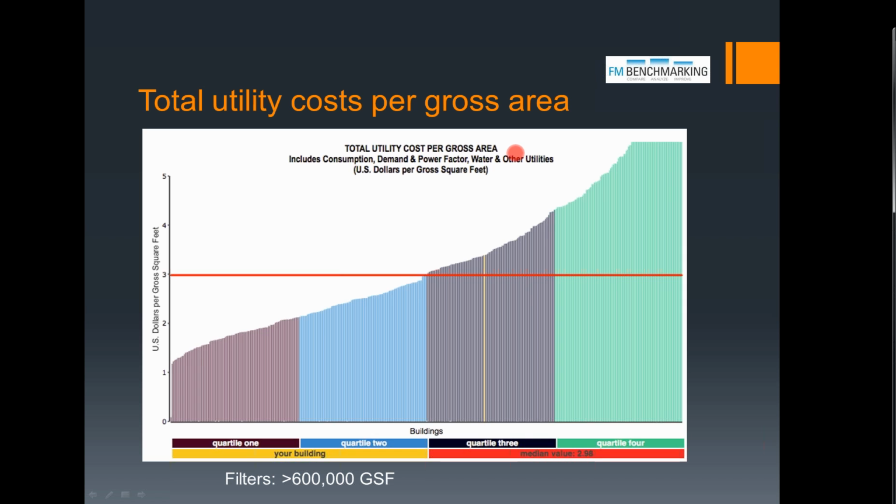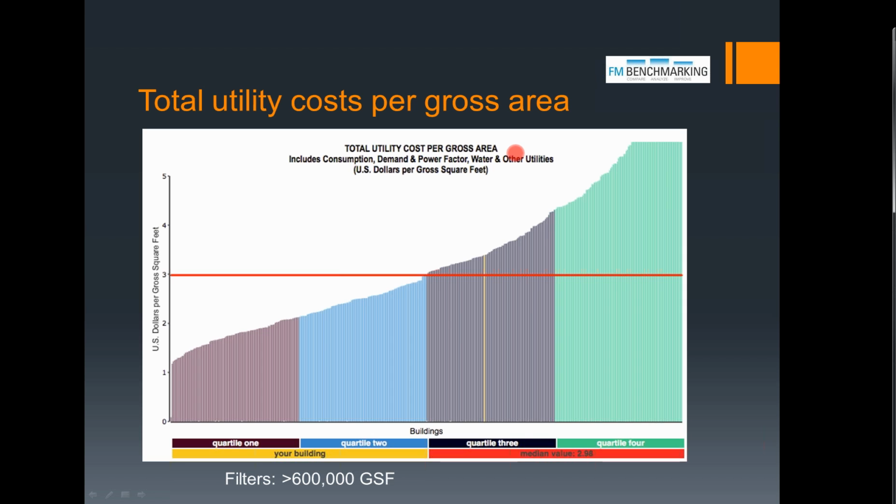We also can have metrics on rentable area or usable area, but gross area, the area to the outside of the building, is a pretty common value that almost everybody has. We got some definitions on what's included in this, so it's consumption, demand, and power factors, and so on. So this is a total utility cost per the gross area.